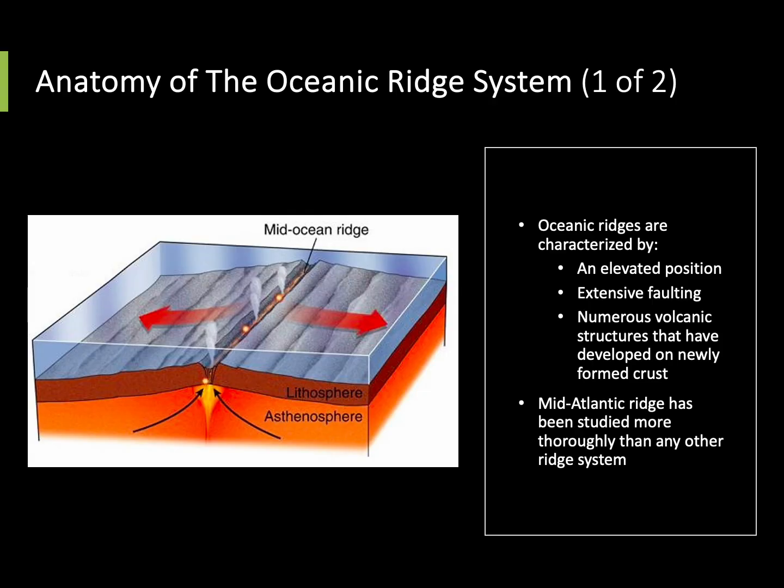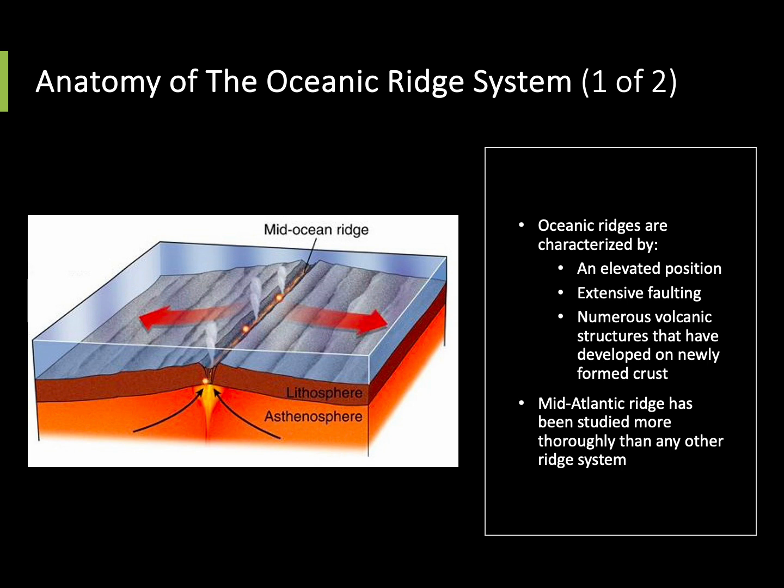Regardless of which ridge system we're looking at, we see that they all have a really elevated middle. That spreading center is going to be at a higher elevation than the rest of the seafloor due to the fact that it's newly formed crust. It just turned from magma into a solid. It's still hot, so it's going to expand out due to that heat, giving it a higher elevation than the rest of the seafloor.